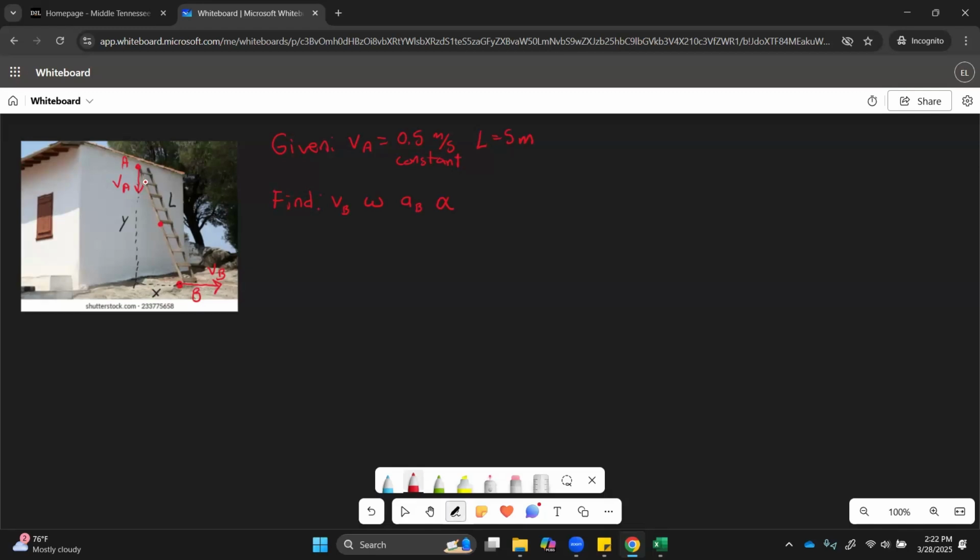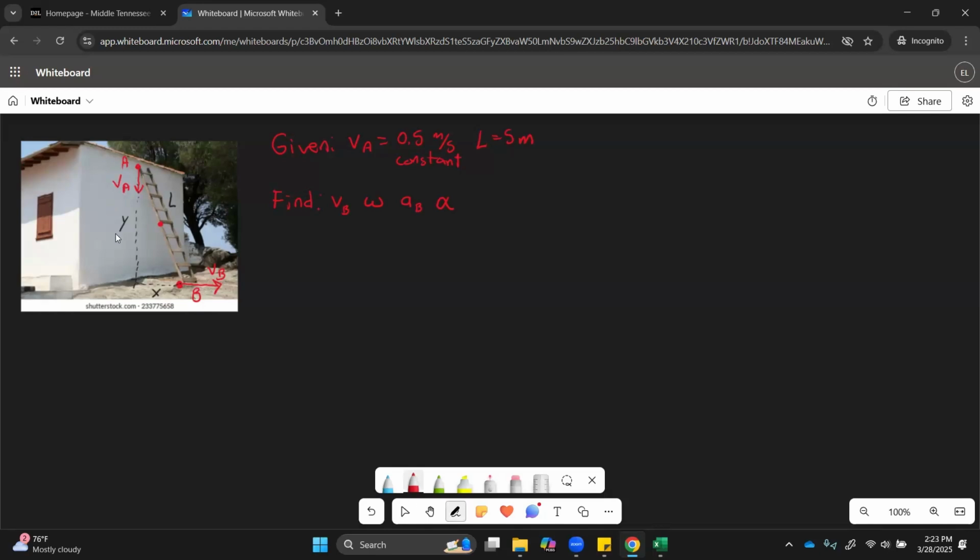But then by the time A hits the ground, B is essentially going to be stopped because once the ladder hits the ground, B cannot progress to the right any further than it was. So at the beginning, at the most vertical position, VB will be greatest. And at the most horizontal position, VB will be lowest. So VB is not a constant, even though VA is a constant.